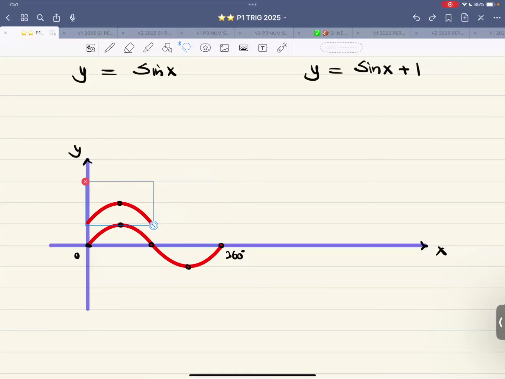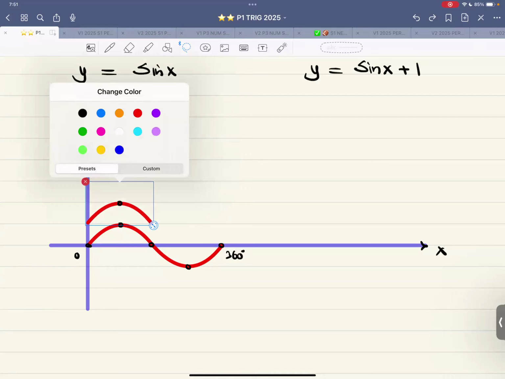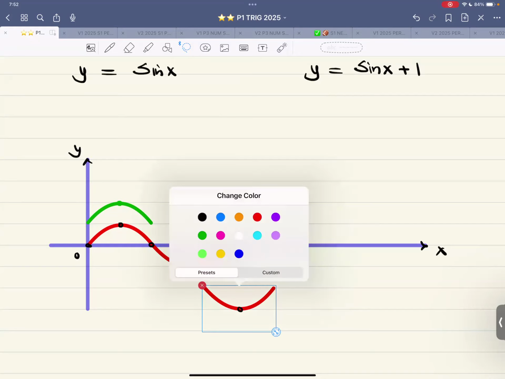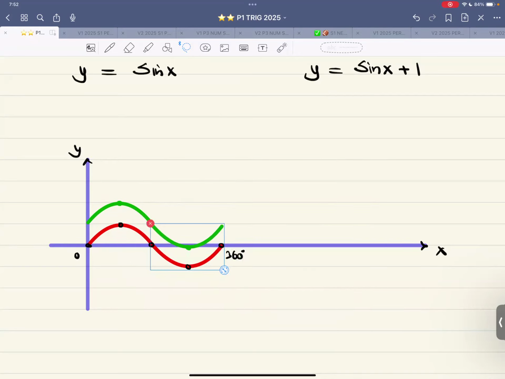And it has been shifted up by 1 unit. Let me make it green like this. Let me copy this thing and paste it upstairs with the color change. Okay, not bad. Now this green one is y equals sine x plus 1.